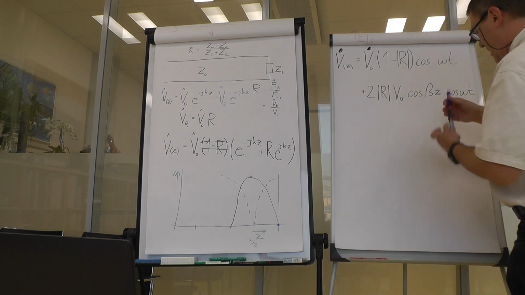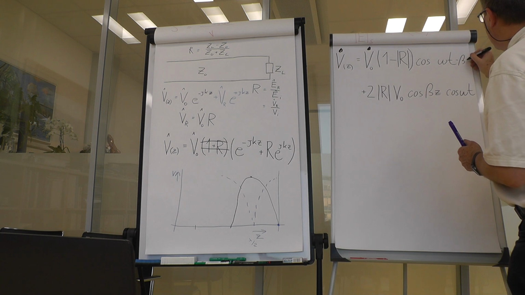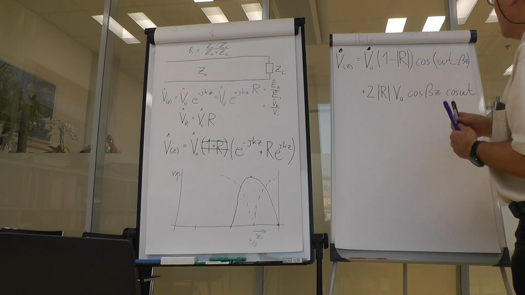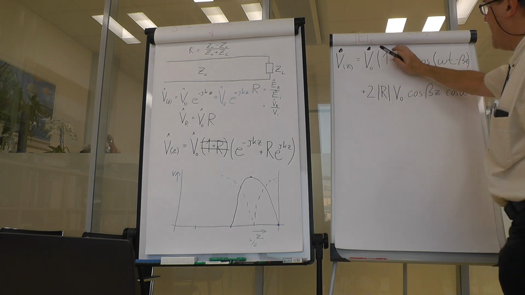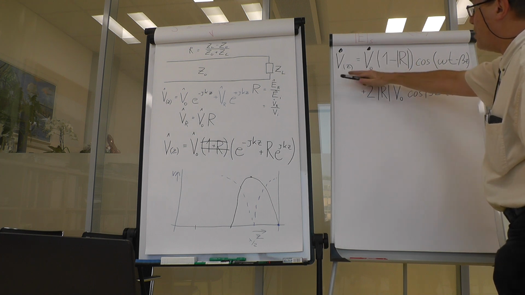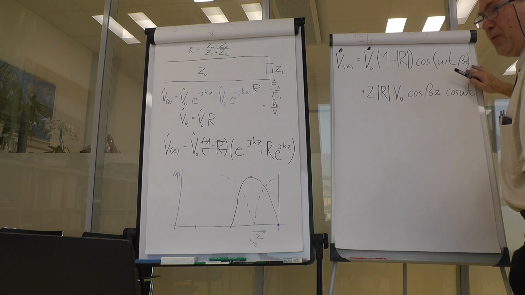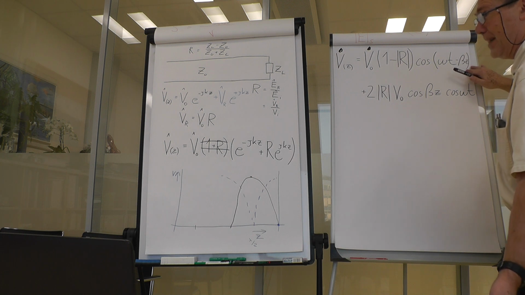Sorry, minus, there is a mistake. So we have the first term that, in fact, in 0 reflection at the end, would give us a propagating wave. This is a standard equation for a phasor of a wave, for a voltage of a sine wave or cosine wave propagating over a line.